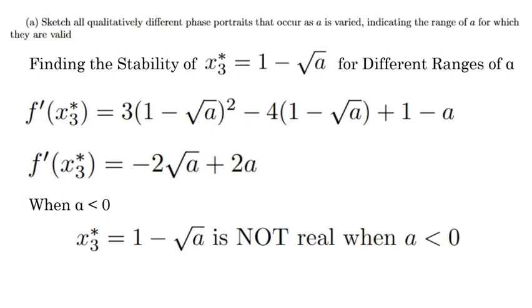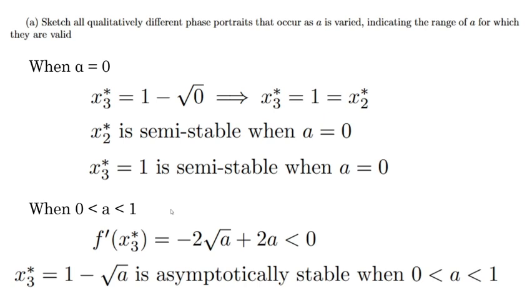Now we look at the equilibrium solution x3 is equal to 1 minus root a for different ranges of a. First, we sub this into our derivative and we get that f of x3 is equal to negative 2 times root a plus 2a. And we can see that when a is negative, we don't have any real solutions, or x3 is not real when a is negative.